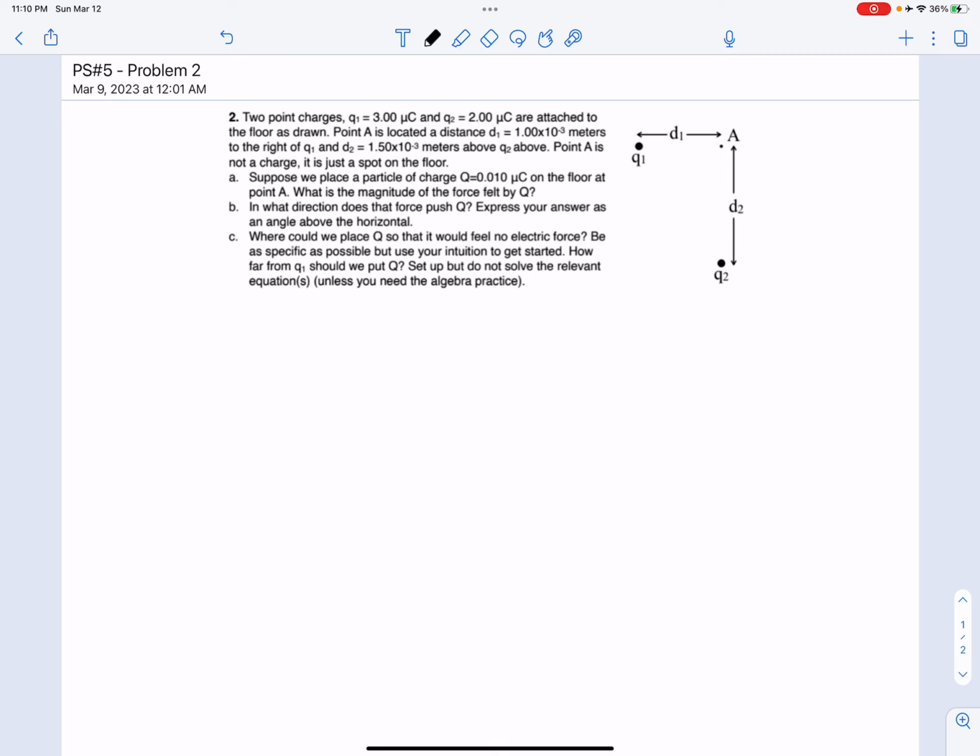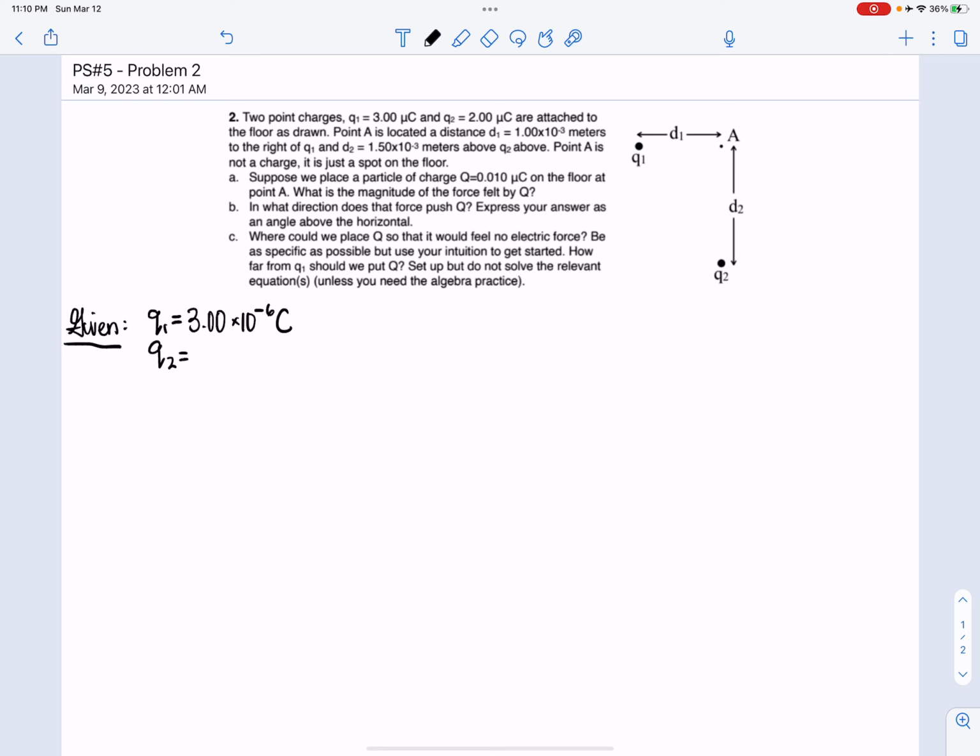Okay. So let's write down our givens. We know that Q1 is equal to 3 microcoulombs, or 3 times 10 to the minus 6 coulombs.